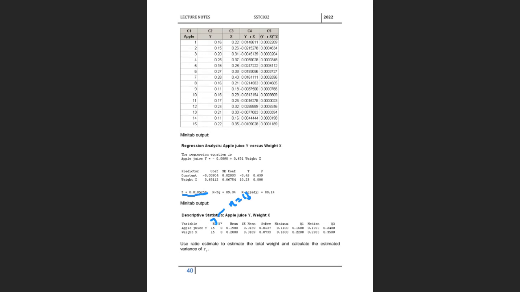So let's go to the question down there. It says use the ratio estimate to estimate the total weight. I think there is some missing information there. So you have to estimate the total weight of apple juice.